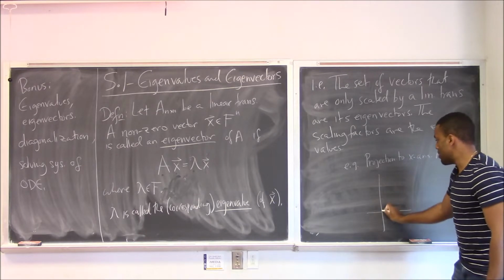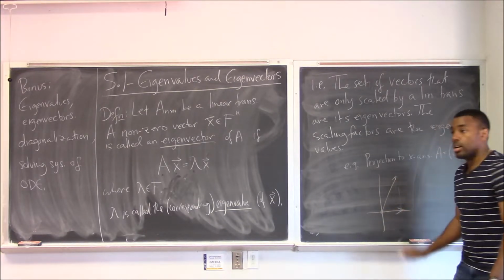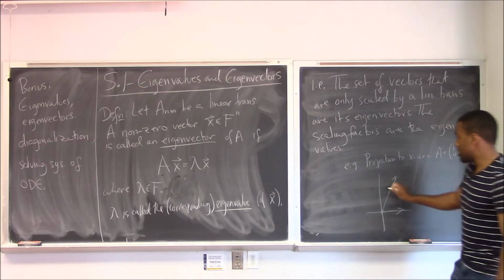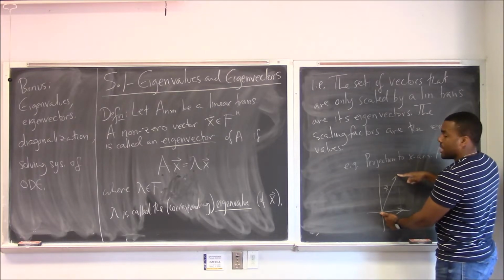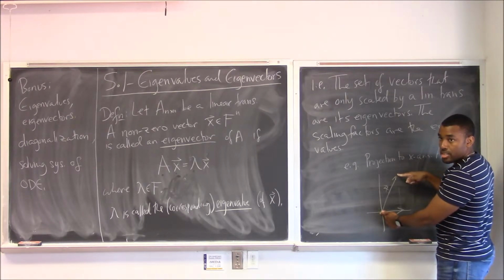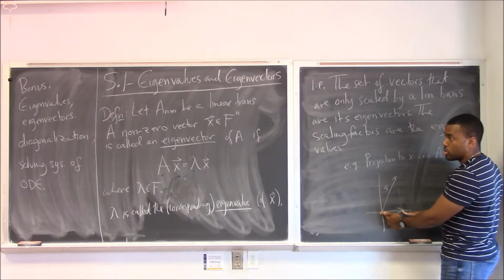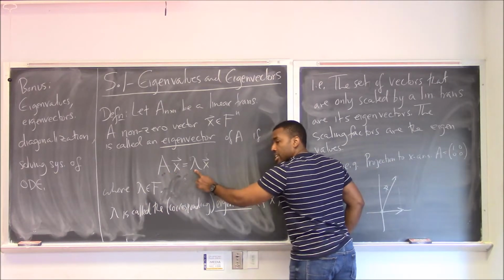Like if you have any vector, it will just drop it down here, right? It'll project to the x-axis, right? So this is our vector x, right? Now if your vector x looks like this, by definition it is not an eigenvector, right? Because it literally changed its direction. It's not parallel to what it was before, right? So when I multiply it by this matrix, it's not a scalar multiple of itself.